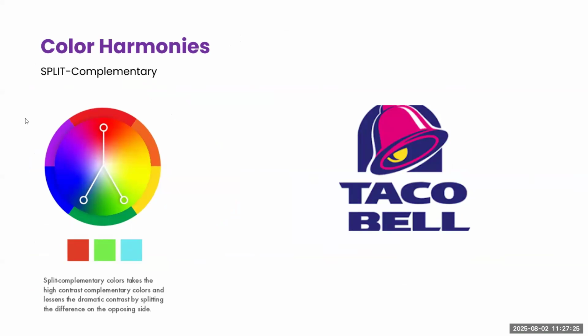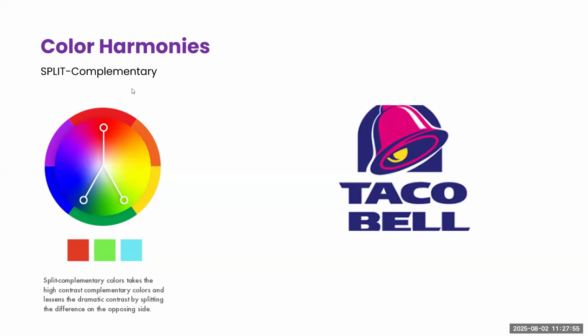And not only this side, we can take this side also. We can split to any point. Understood? Can you hear me? You got it? So this is what we call split complementary.